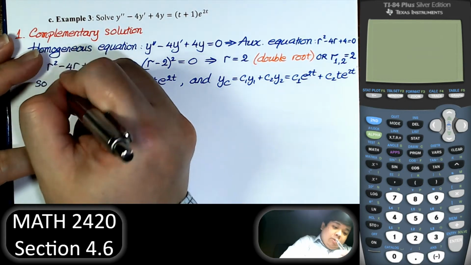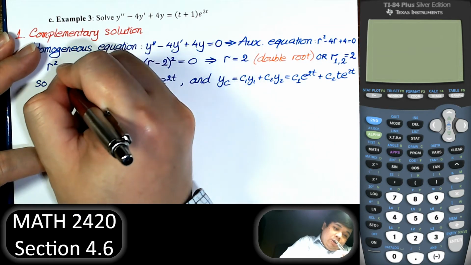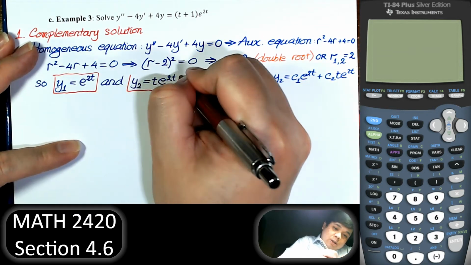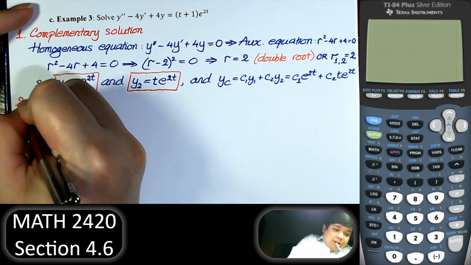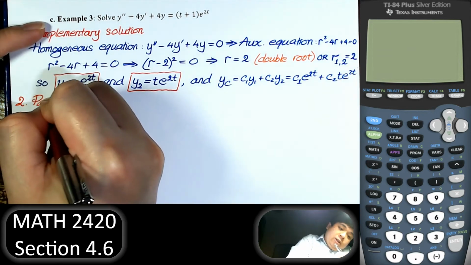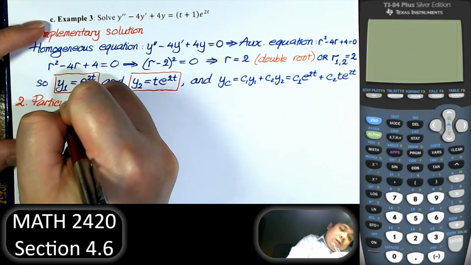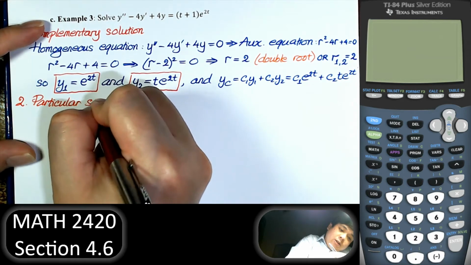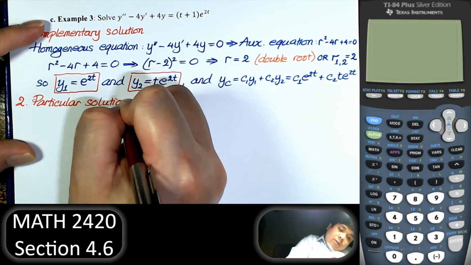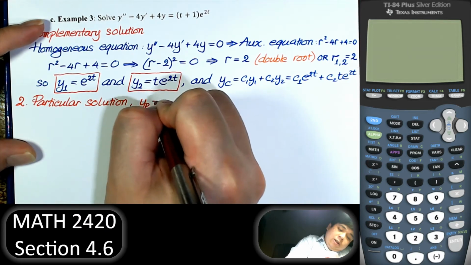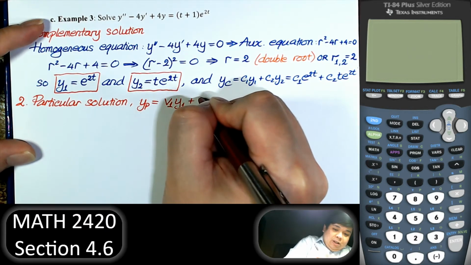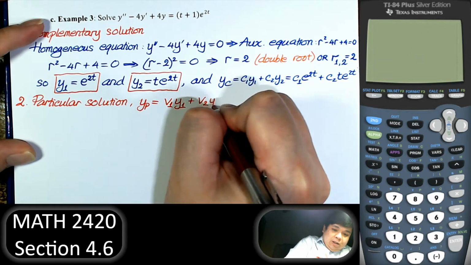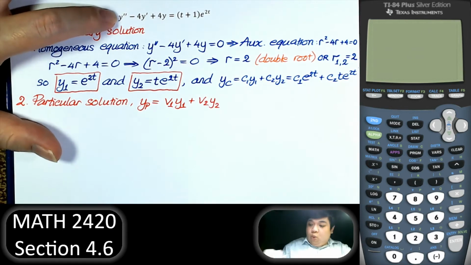The important things here, of course, are y1 and y2. That's the first step. Second step, particular solution. We take the form of variation of parameters. Once again, the leading coefficient is equal to 1.